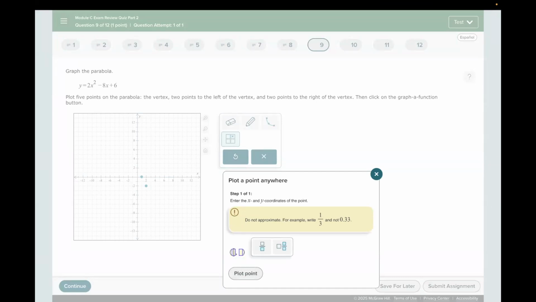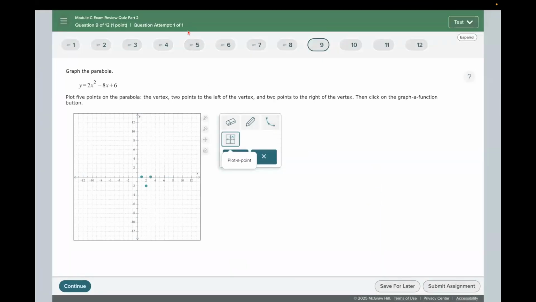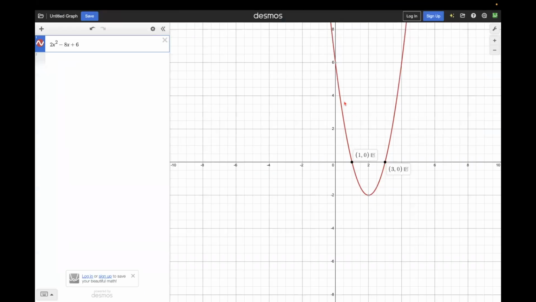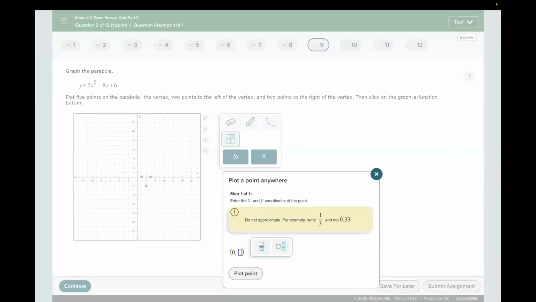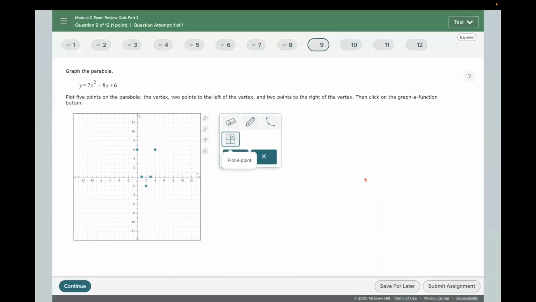Oops, that's 2, 3, 0. Very good. And then we need 2 more points. So let's get those. What looks easy? Yeah, 0, 6, and 4, 6. All right, very good. This looks good. All right, let's keep going.